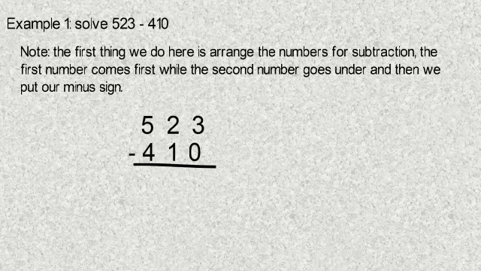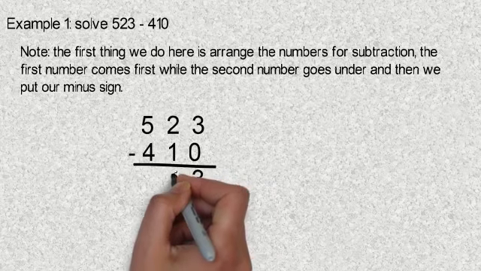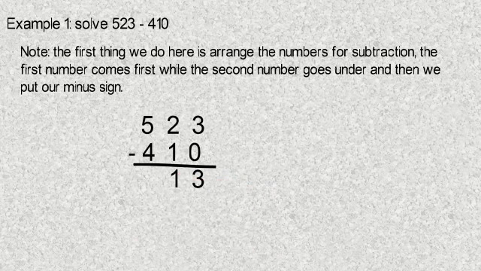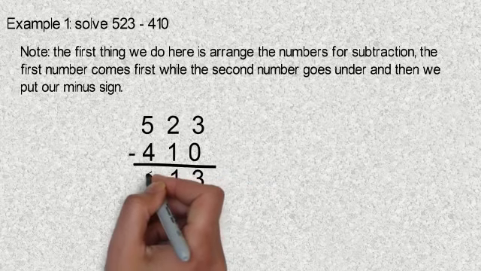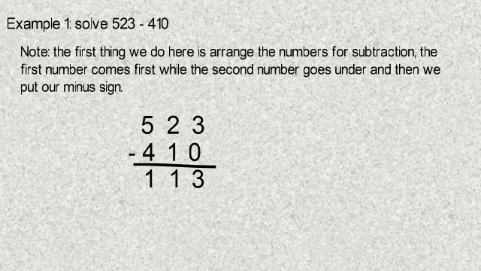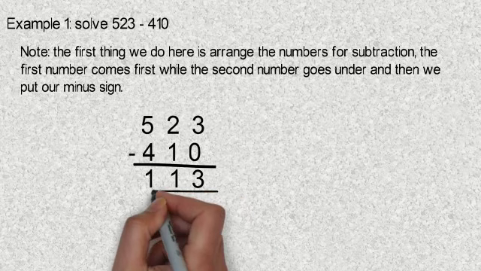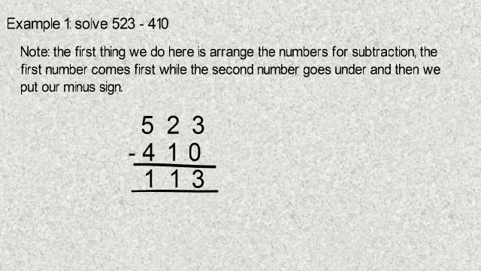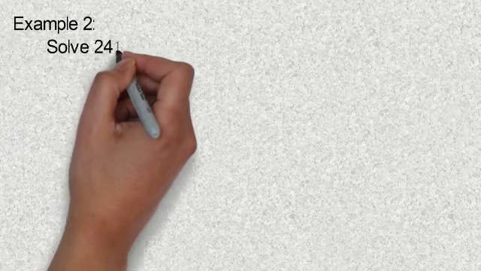You should know that, 3. 2 minus 1 will give us what? 1. 5 minus 4 will give us what? 1 also. So this is very easy and straightforward. So our answer is 113. Very easy. So let's do some examples further.